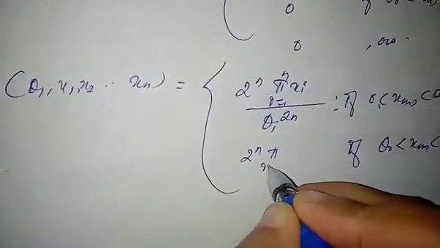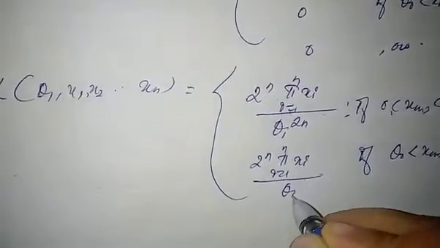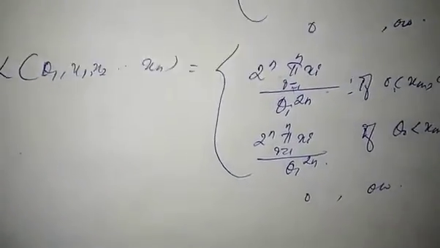Because under h1 it takes the value 0 to theta 1, the density is the same. It is given that f(x, theta) equals 2x divided by theta squared, where the range is 0 < x < theta. Under h1 the range becomes 0 < x < theta 1, then here also 2^n product of xi for i = 1 to n divided by theta 1 power 2n, 0 otherwise.